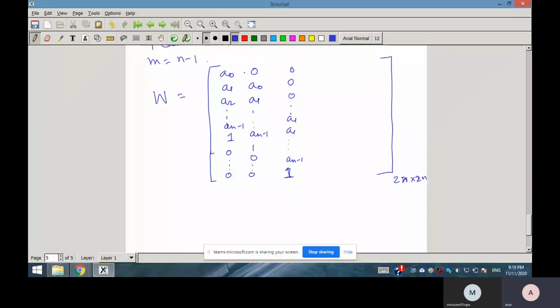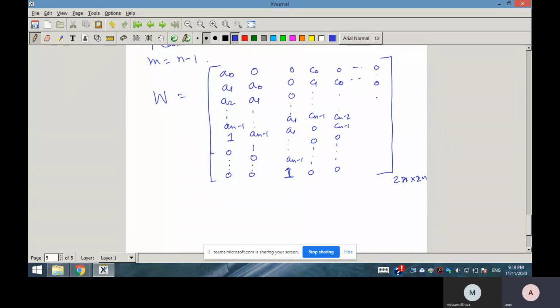Once the columns involving the AIs are over, then your CIs columns will start. Again C0, C1 up to C n minus 1, then 0 0 up to 0. Then 0, C0 up to C n minus 2, C n minus 1, 0 up to 0. So in this way it will continue till the 2n minus 1 column is over.